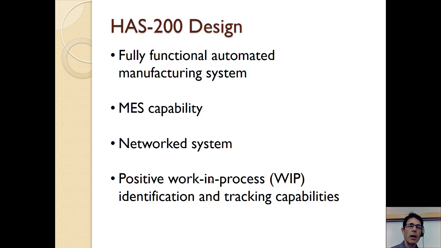Each product is marked with a barcode, and that barcode is recorded at each station. You know how long it's been in the station, and once it's done, how long it's spent there. So you can do all kinds of timing analysis. Those are more high-level manufacturing functions, but the system is designed for all that capability.